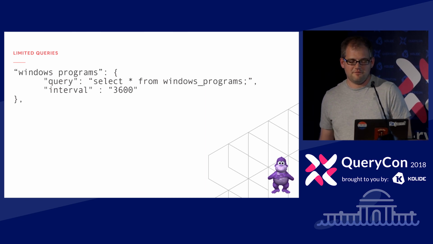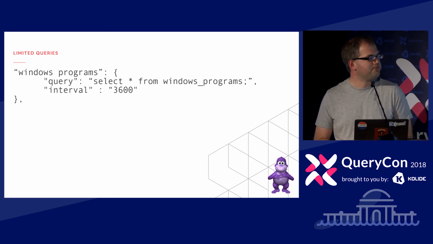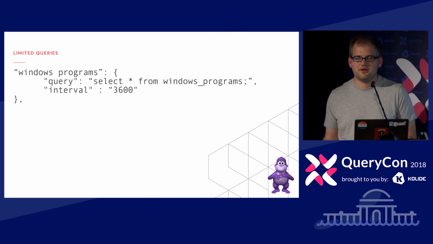But for a security tool, history matters a lot. So if we just ran a query like this, we pushed it out, we're not going to know if a machine had this malware on it last week and it got removed. It's going to be gone already.